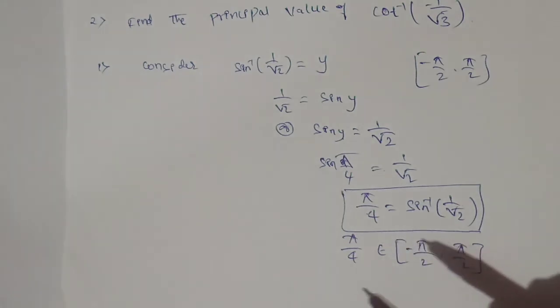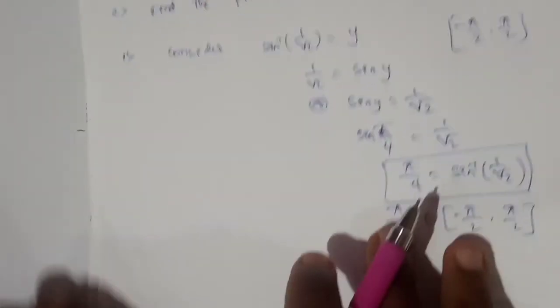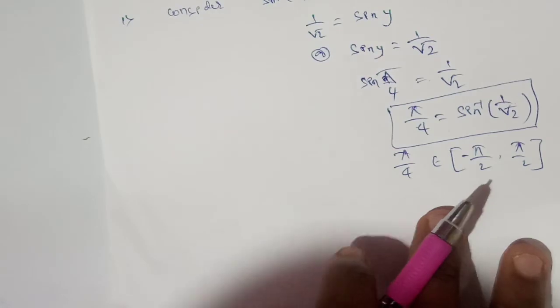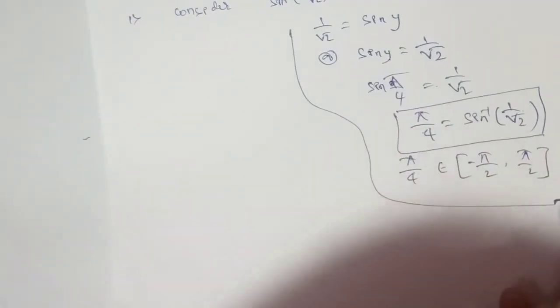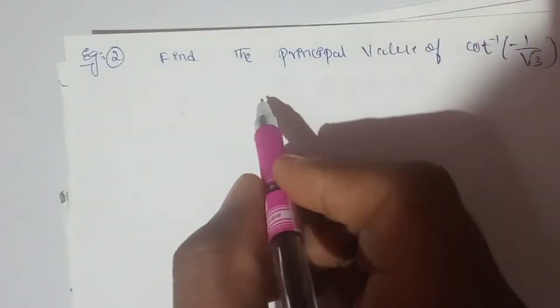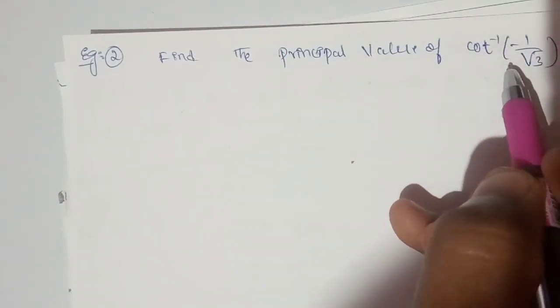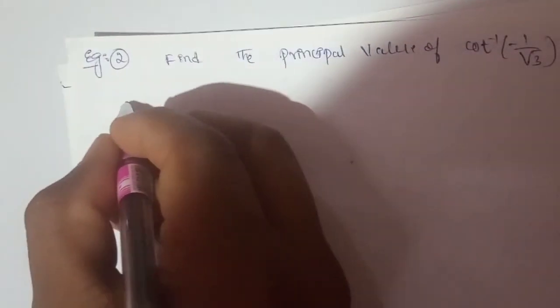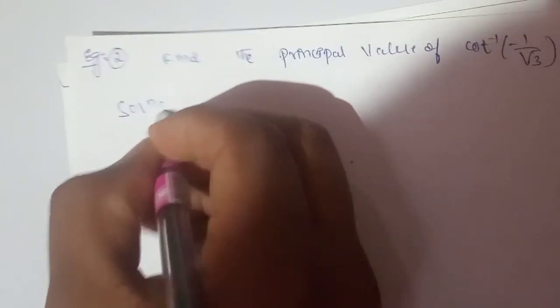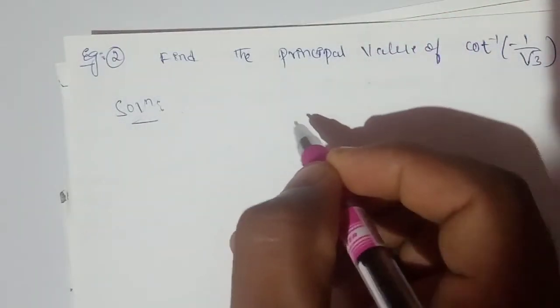Next, another example. We move on to find the principal value of cot inverse of minus 1 by root 3, and the same procedure we have to follow.